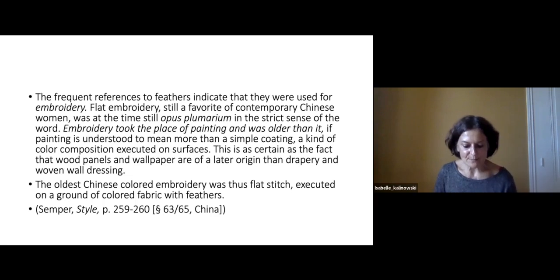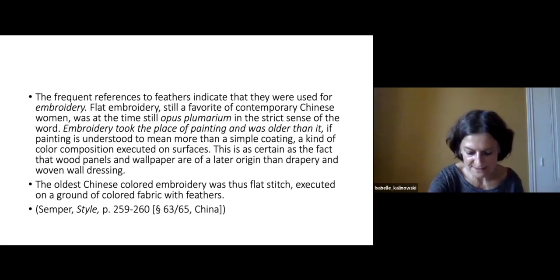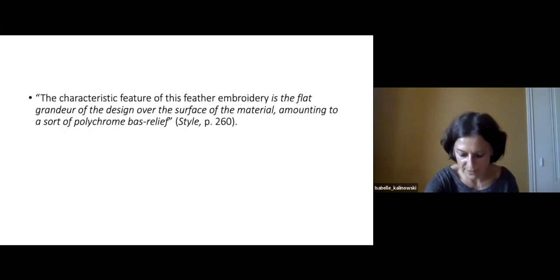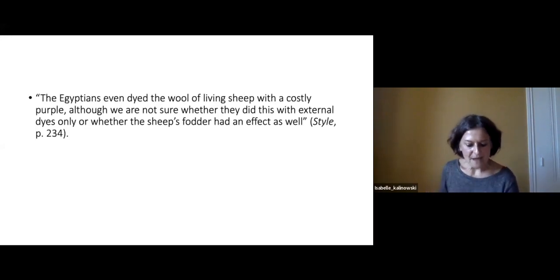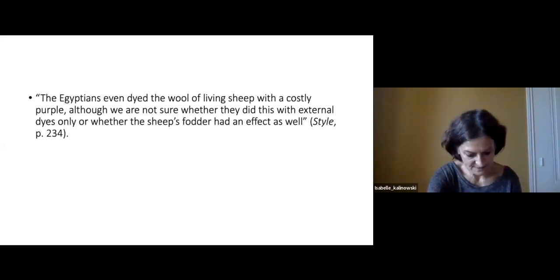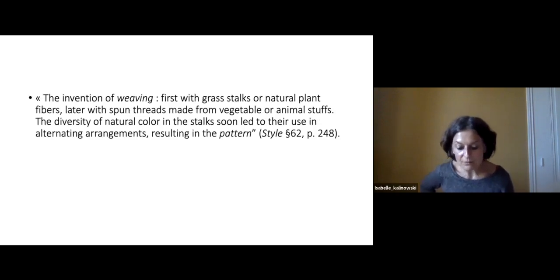That's the way Semper summarizes the invention of weaving. I quote, "First with gross stalks or natural plant fibers, later with spun threads made from vegetable or animal stuffs, the diversity of natural color in the stalks soon led to their use in alternating arrangements, resulting in the pattern."